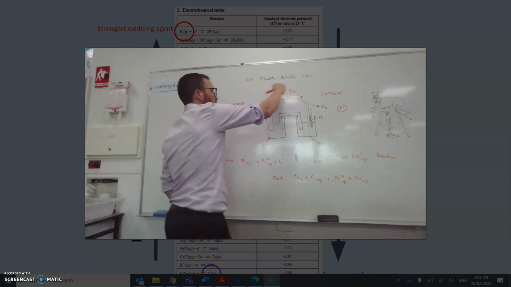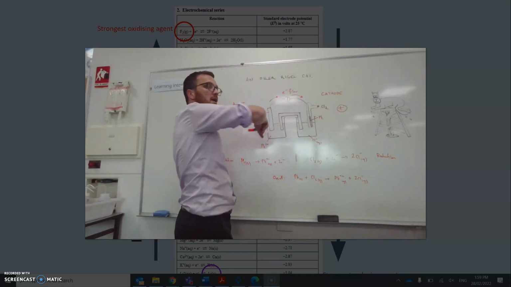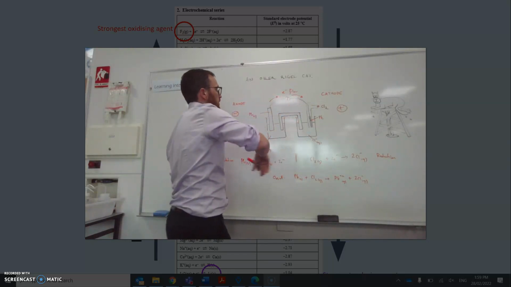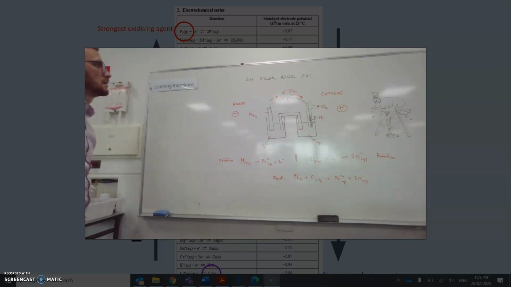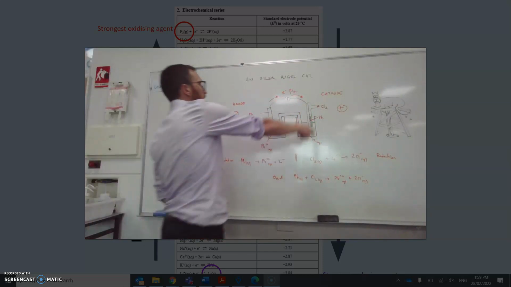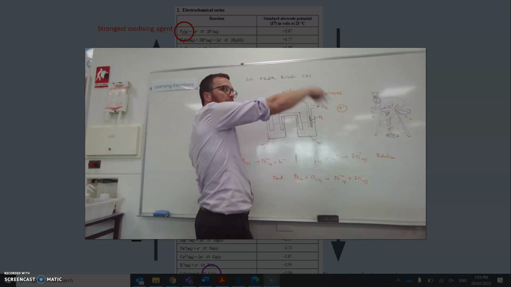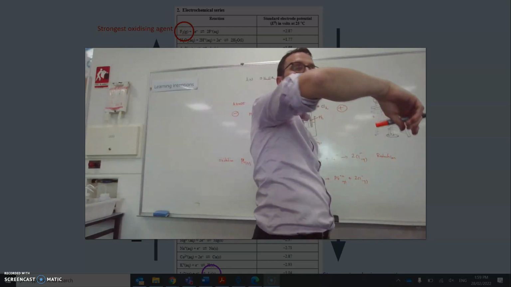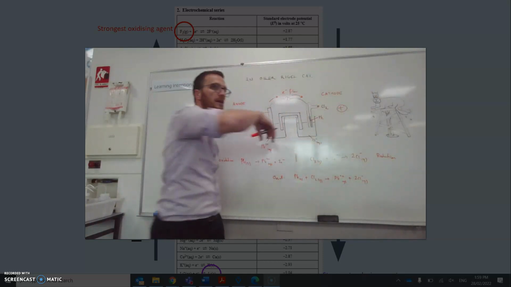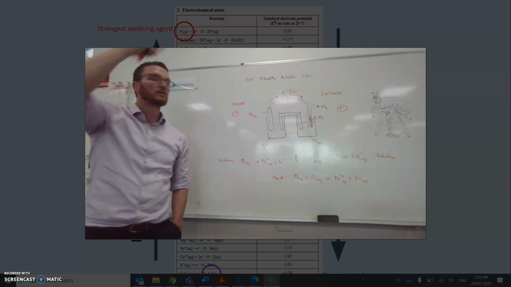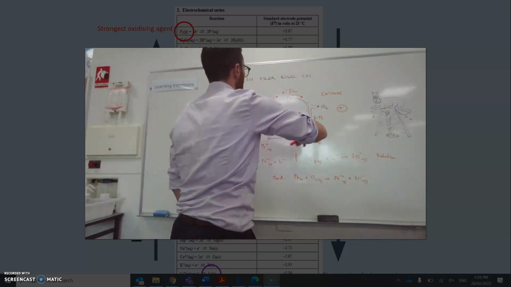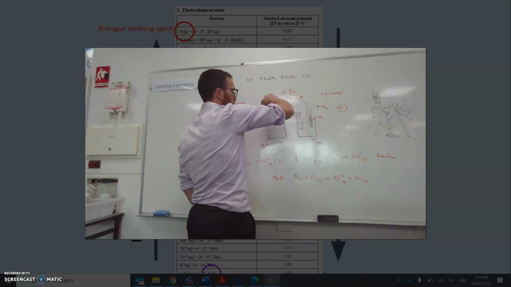So we call this the external circuit, and this is called the internal circuit. Right. One thing I'm really happy that you didn't say is it wasn't left to right. Yeah? Because I could have illustrated the lead on this side. So it's anode to cathode via the external circuit. So, what's the purpose of the salt bridge?